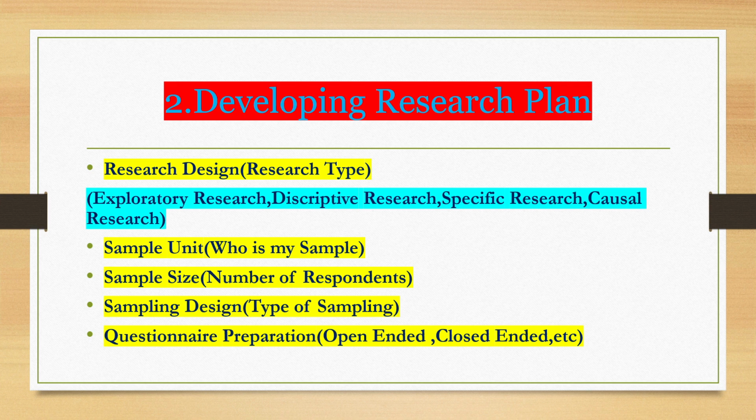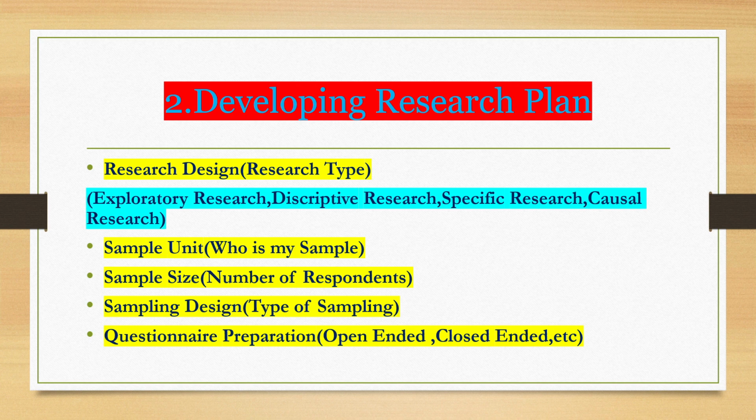I have explained every one of these types of research in detail in a separate video. Then we find out whom to sample. That is called sampling unit. What is our sample unit? By that I mean to say who I am going to sample, who is my respondent and for whom I am going to research.